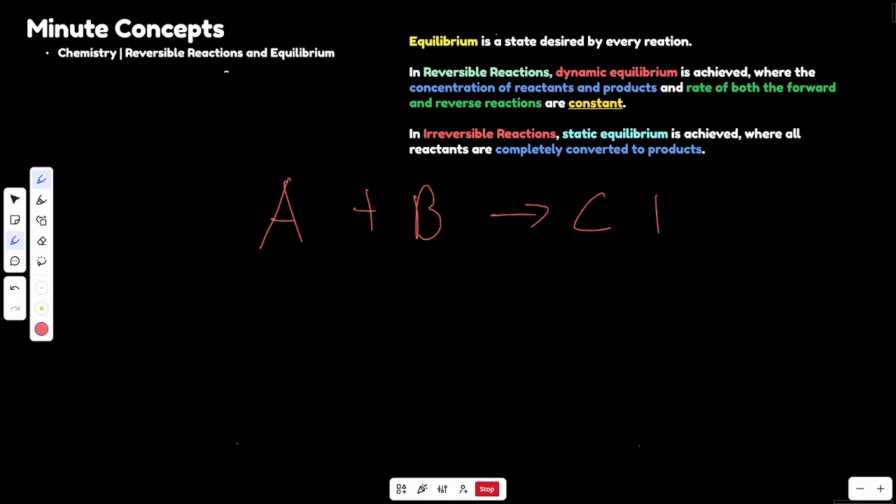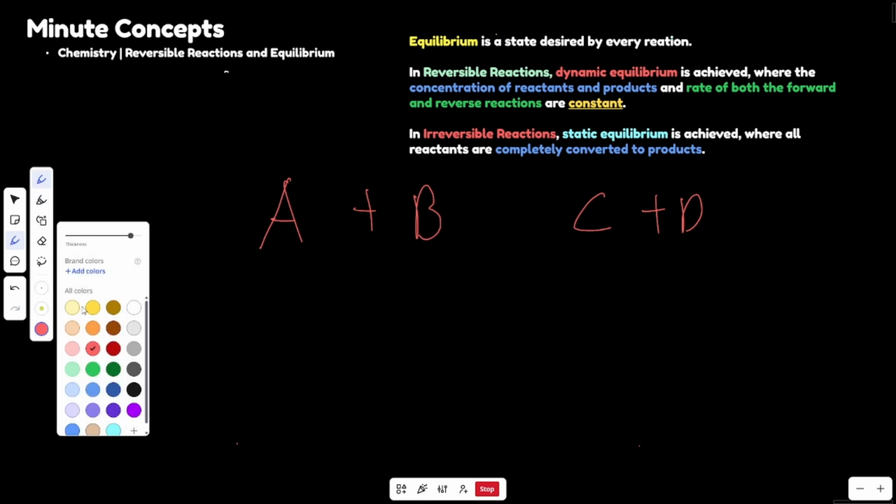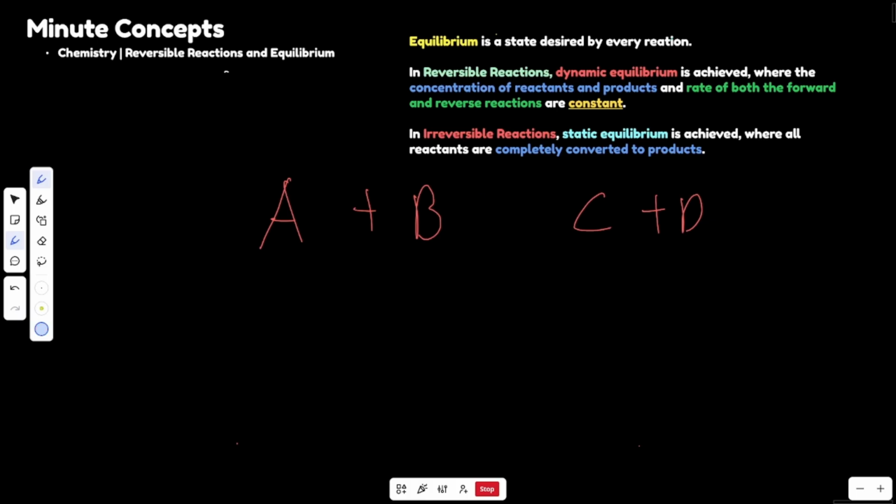Now, how about if we have this larger reaction? Let's just expand it a little bit so that it's a bit easier. Let's say that this is a reversible reaction. Now, a reversible reaction is on the contrary. It can turn forward and it can turn backward, as indicated by the back and forth half arrows.